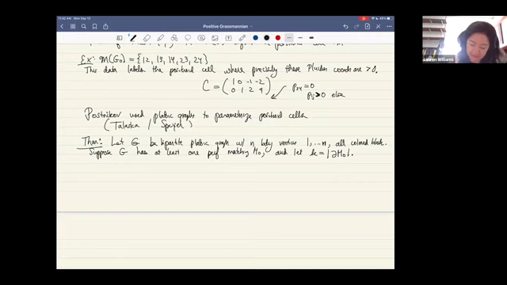Now let W be a map from the edges of the graph to positive real numbers.